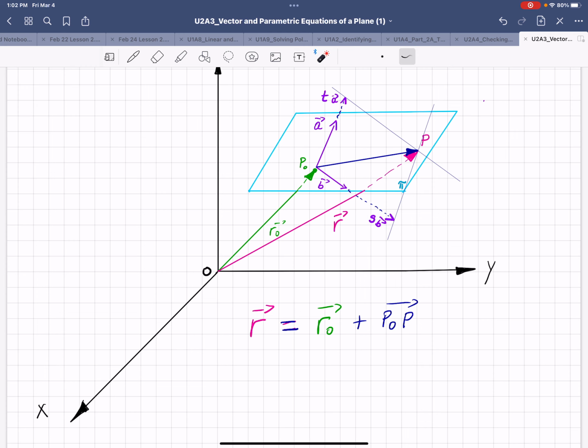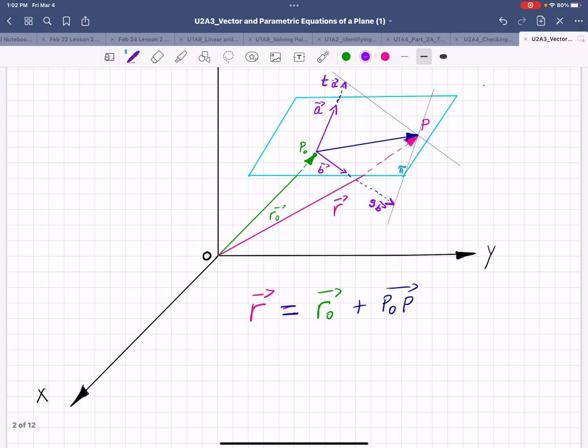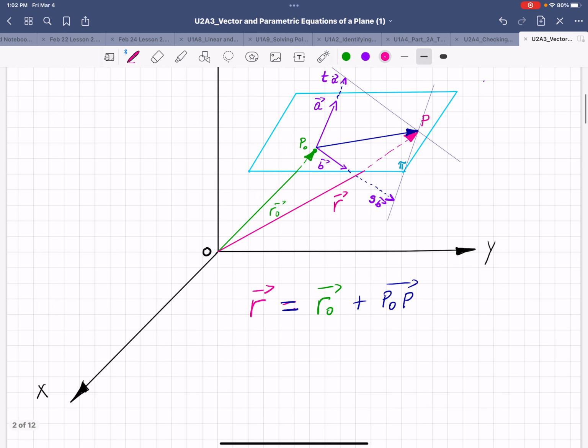So now let's take a look at our equation and reformulate it. So r will be this vector, any vector that has a head on the plane. So the coordinates of r can be x, y, z, so any point on the plane. For r0, we'll have fixed coordinates x0, y0, z0.